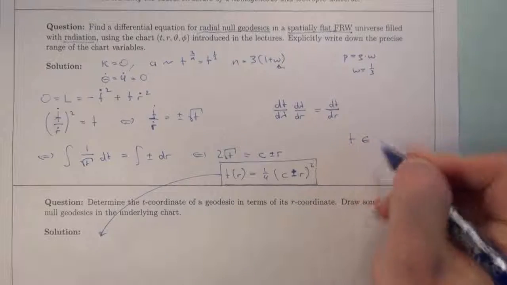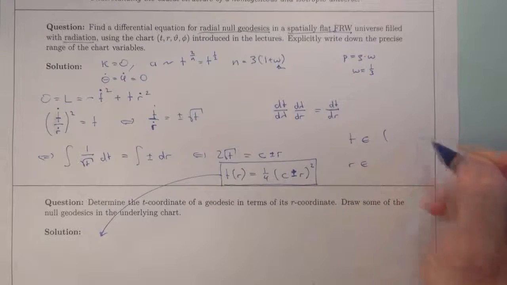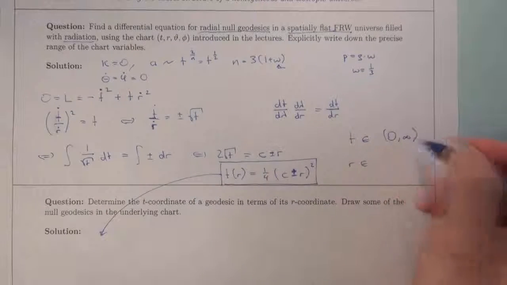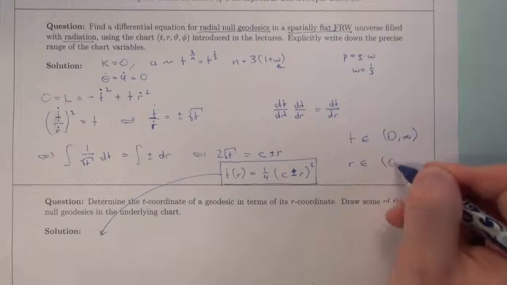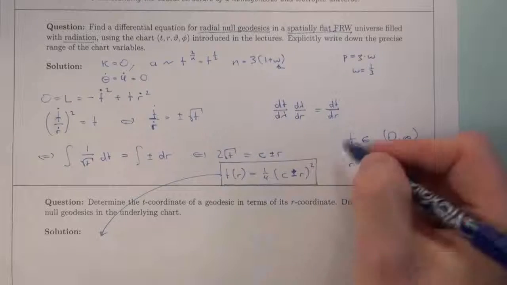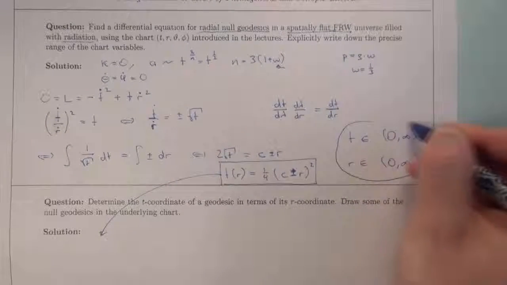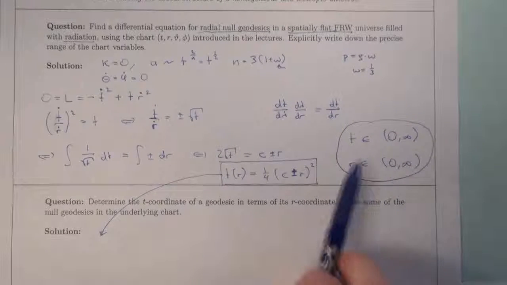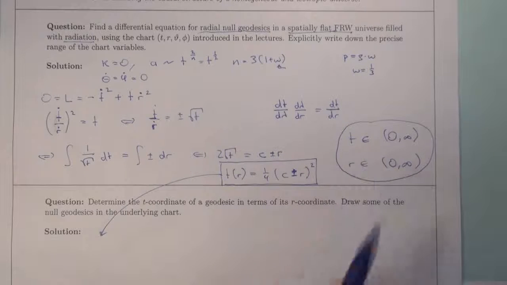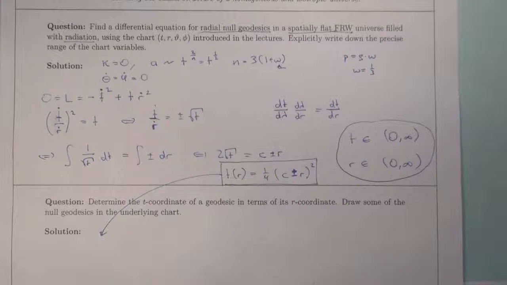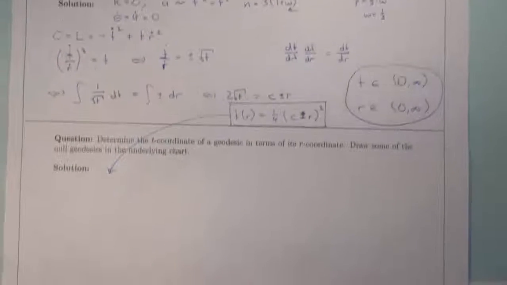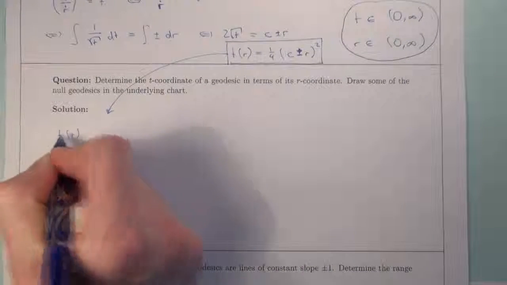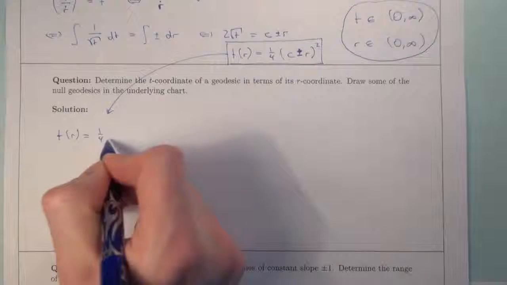Okay, t should be greater than 0 and r as well. So this is our range here. For each of the steps, we will explicitly write down the ranges of the coordinates because that's particularly important for constructing these diagrams. I will put the form of the geodesics again here.